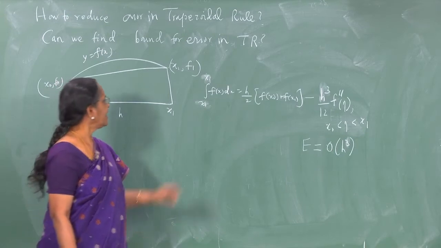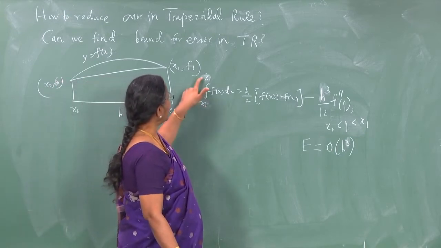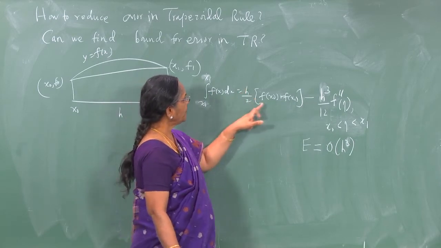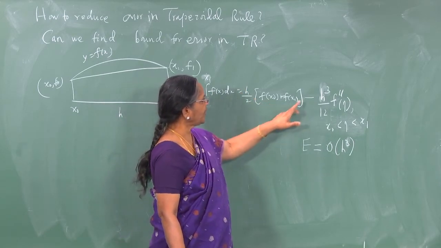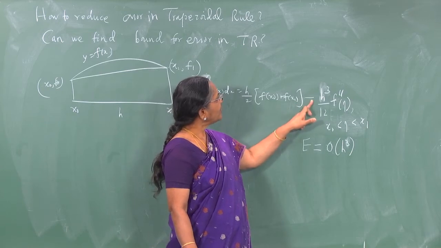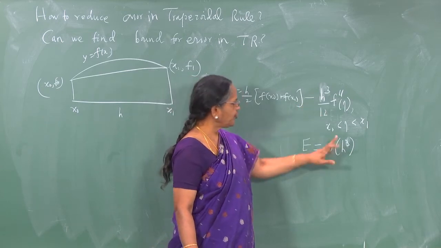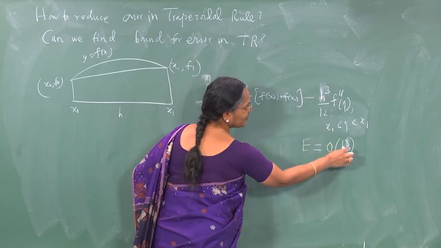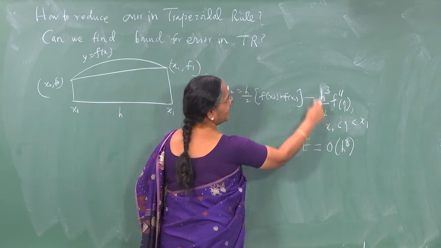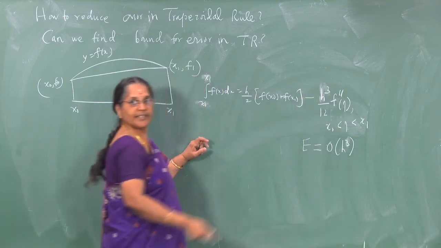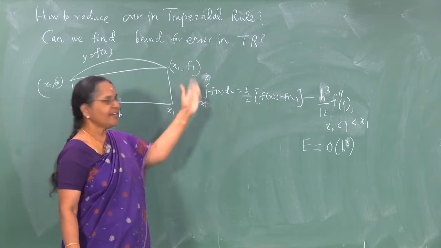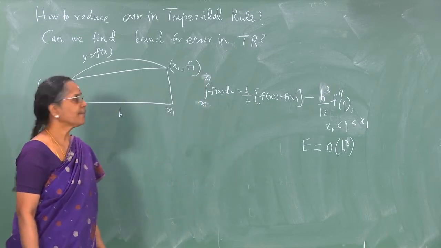We evaluated trapezoidal rule as integral x naught to x1 f of x dx, which is h by 2 into f of x naught plus f of x1, and the error was of order of h cubed. Or if we can make this h smaller and smaller, then the error can be reduced and we would get better accuracy in evaluating this integral.